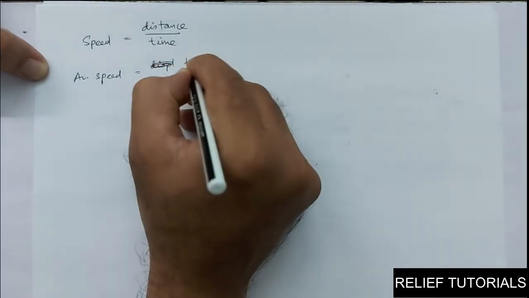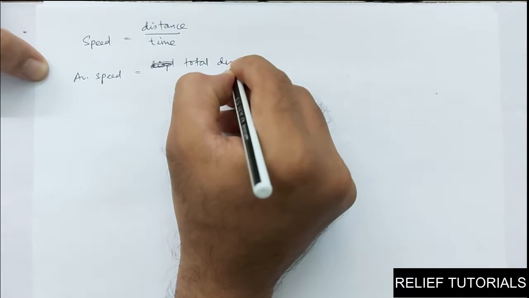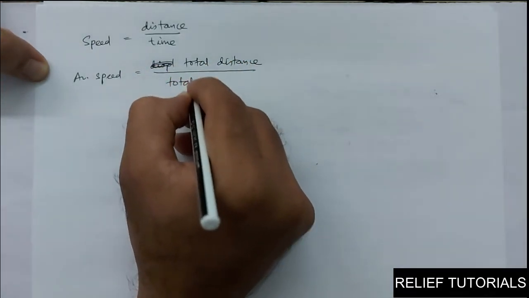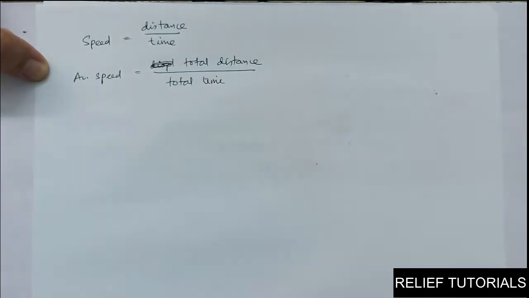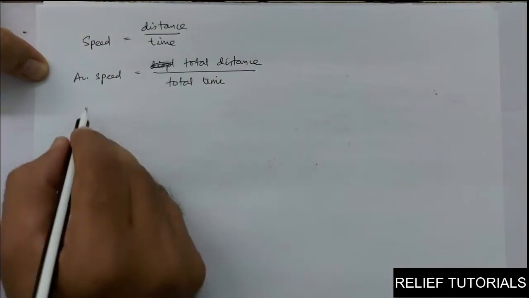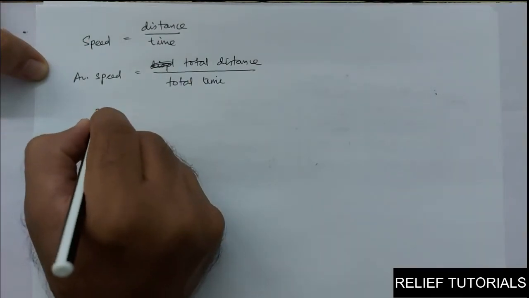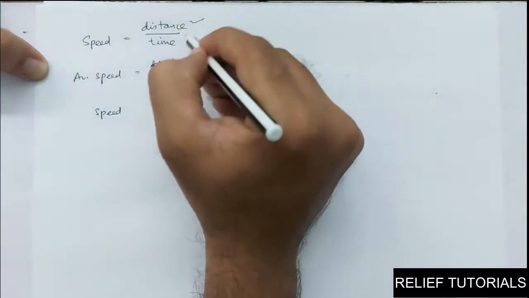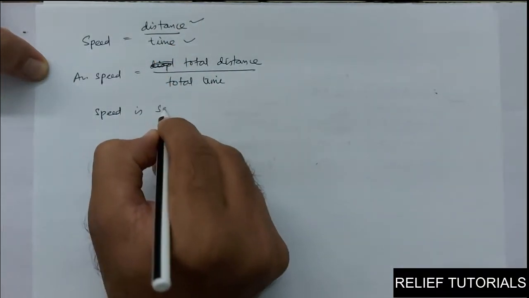Average speed is total distance traveled upon total time taken for the journey. We have seen different formulas also. We have seen that speed, any type of speed, always depends on distance and time. So speed is a scalar quantity.